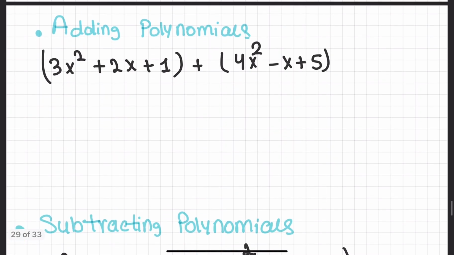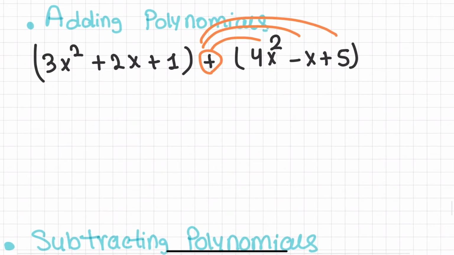So let's learn about adding polynomials. How to add them? The first thing you need to do is, you see the plus here, you need to add this to the whole variables in the bracket. So the solution is 3x to the power of 2 plus 2x plus 1.